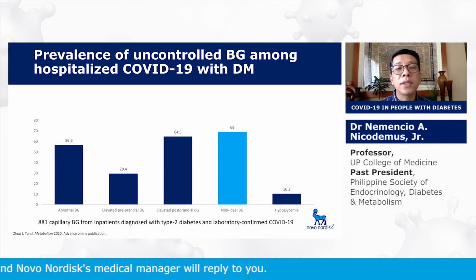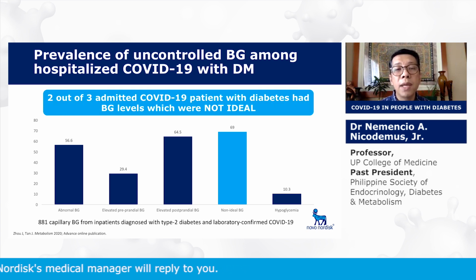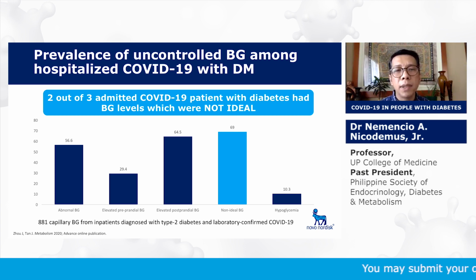In fact, you can see here that 2 out of 3 patients admitted with COVID-19 and diabetes had blood glucoses that were not ideal for the situation. And you can see that 1 in 10 patients may also present with hypoglycemia.